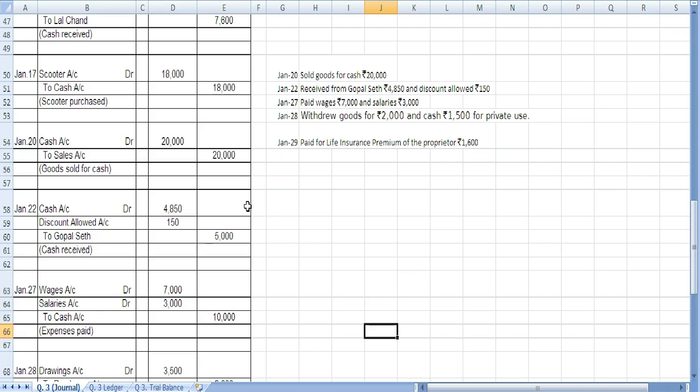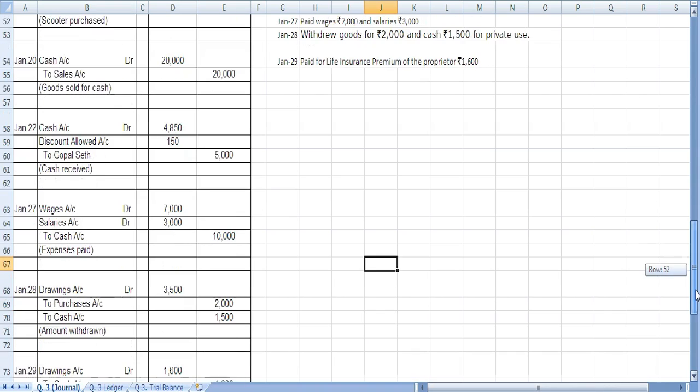Then we have January 28. Here we have withdrew goods for 2,000 and cash 1,500 for private use. So here drawings, whenever we have any private withdrawal or for any private use, we write the word drawings, we debit, and then some goods are being withdrawn, so we'll write the word purchase, because the amount of purchase has been reduced.